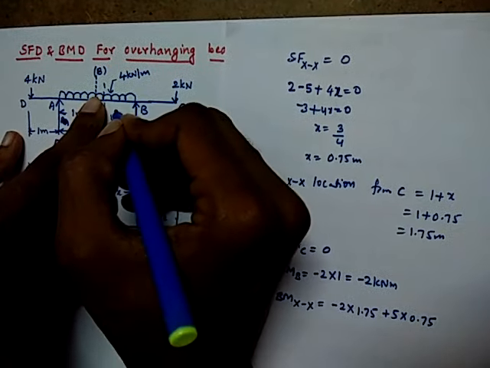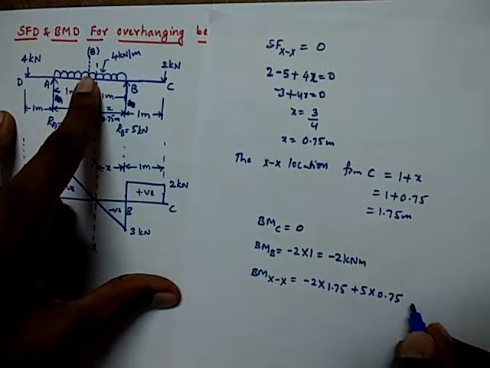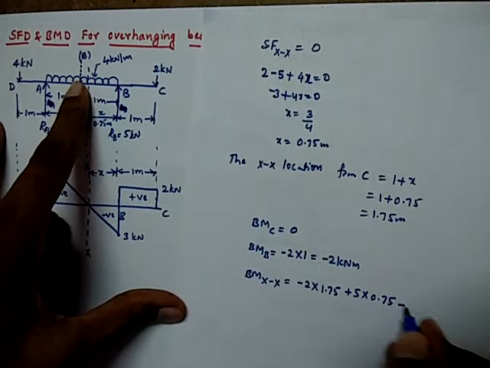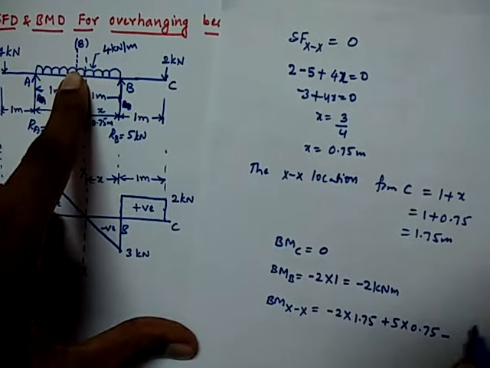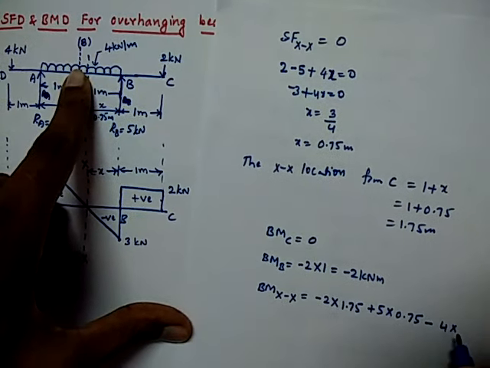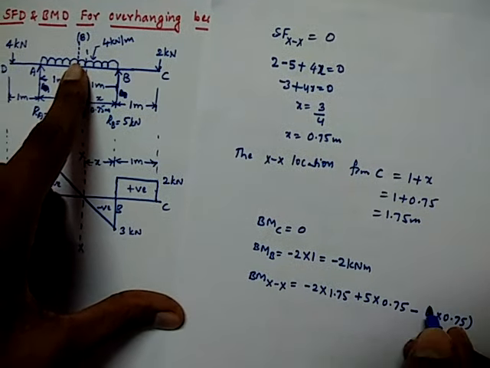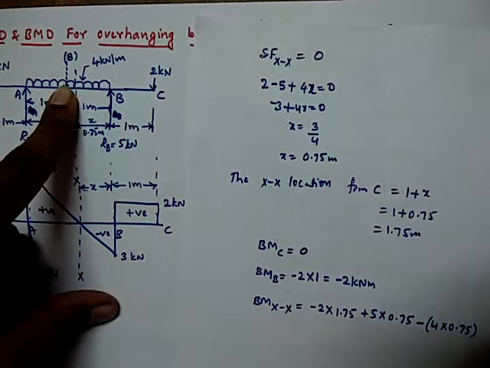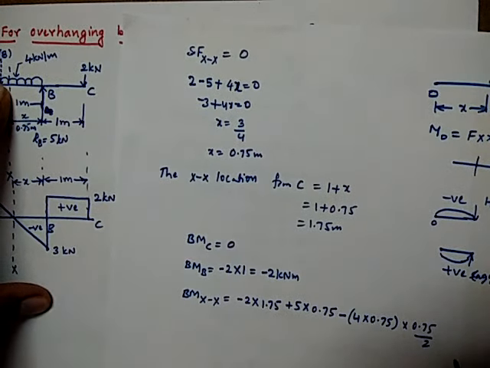First of all, the total value of UDL here will create a negative moment, so it is minus, and the total value of UDL for this location is 4 into 0.75. That is the value of UDL, and when you replace it at the center, 0.75 means this is 0.75 by 2.